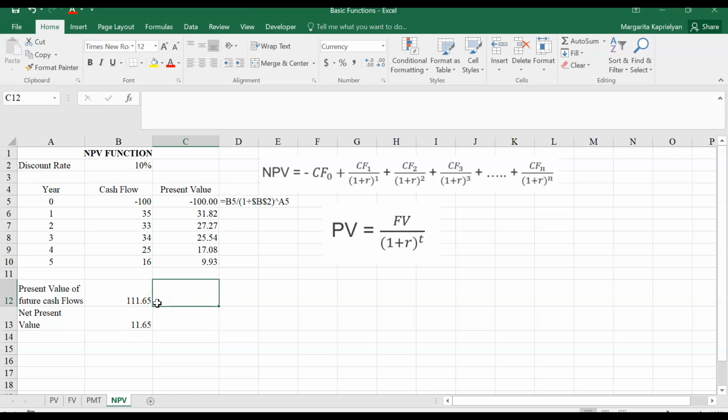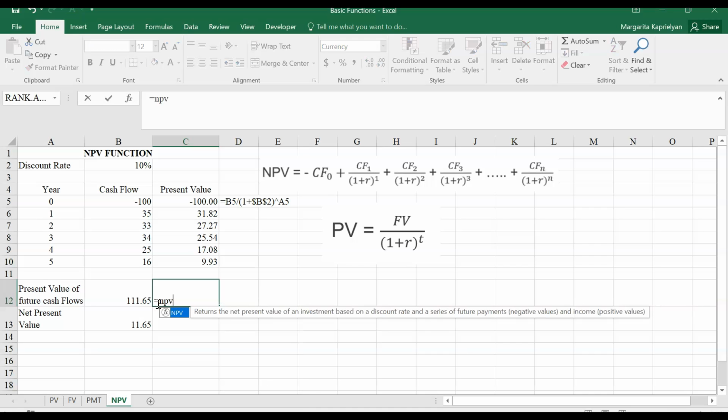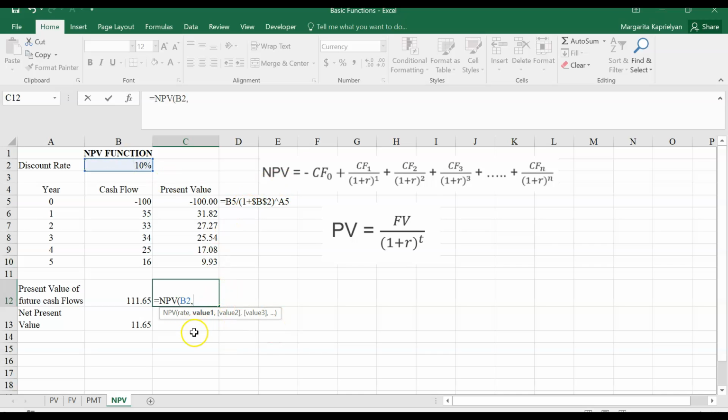Now let's use the NPV function. So we're going to do equal NPV, open the parentheses, we're going to grab the rate, comma. But now let's take a look at what the syntax actually tells us. It tells us grab values 1, 2, 3, etc. That is something really important to understand about the NPV function in Excel. You should never include cash flow 0 in the NPV function in Excel.